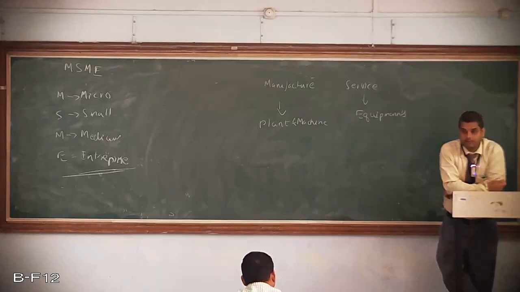But if there are a few MSMEs or enterprises in that region, because goods are sent from those industries outside the village, or raw material is procured from different locations into that village, you require good roads, transportation and many other facilities. So slowly even that part starts developing, right? So this is the point which we are talking about.